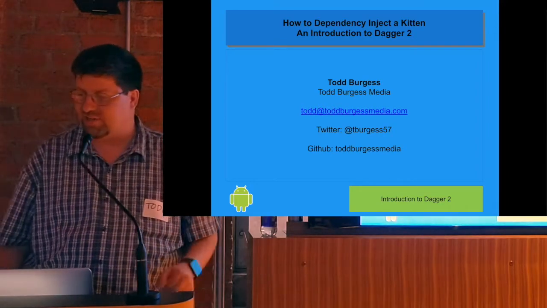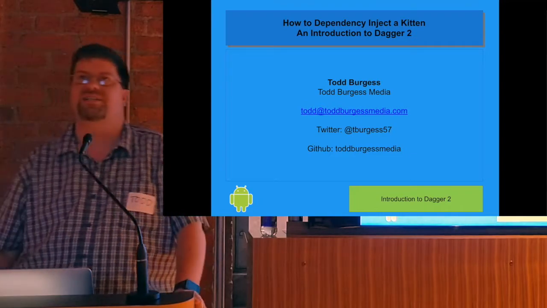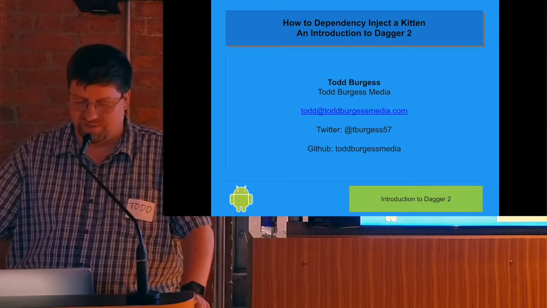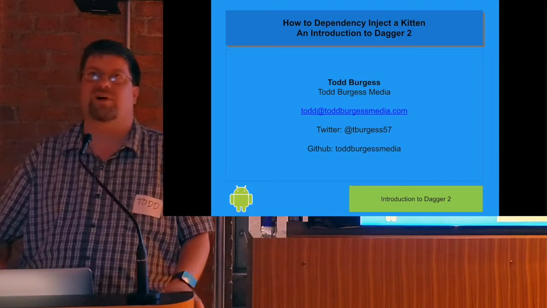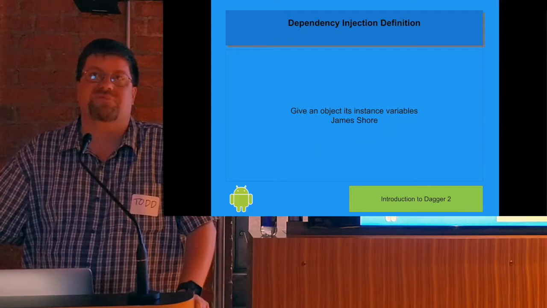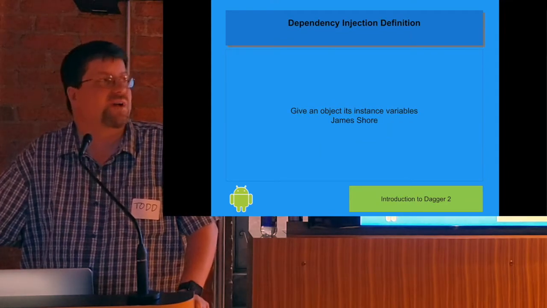Basically, just to get a cheap and dirty definition of dependency injection: dependency injection is giving an object its instance variables. Case in point, here we have a class A. You see it also depends on class B. We have two constructors, one in red, one in yellow.